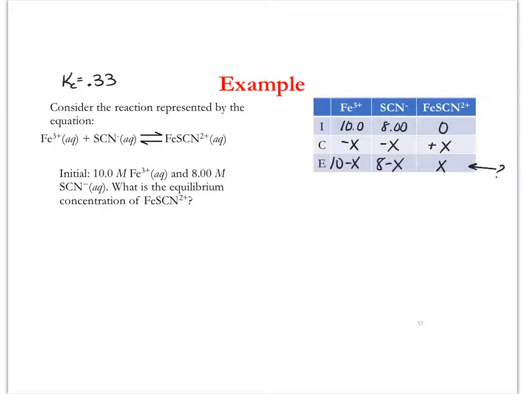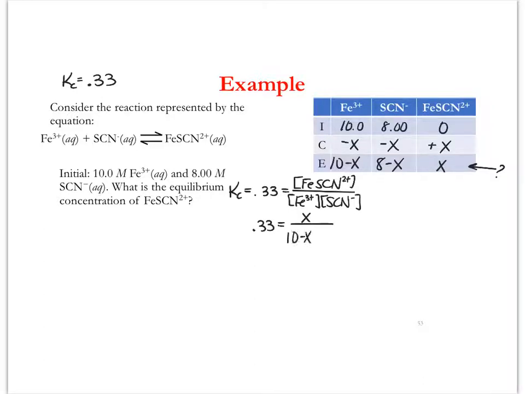Okay, we have our equilibrium expression. We substitute in.